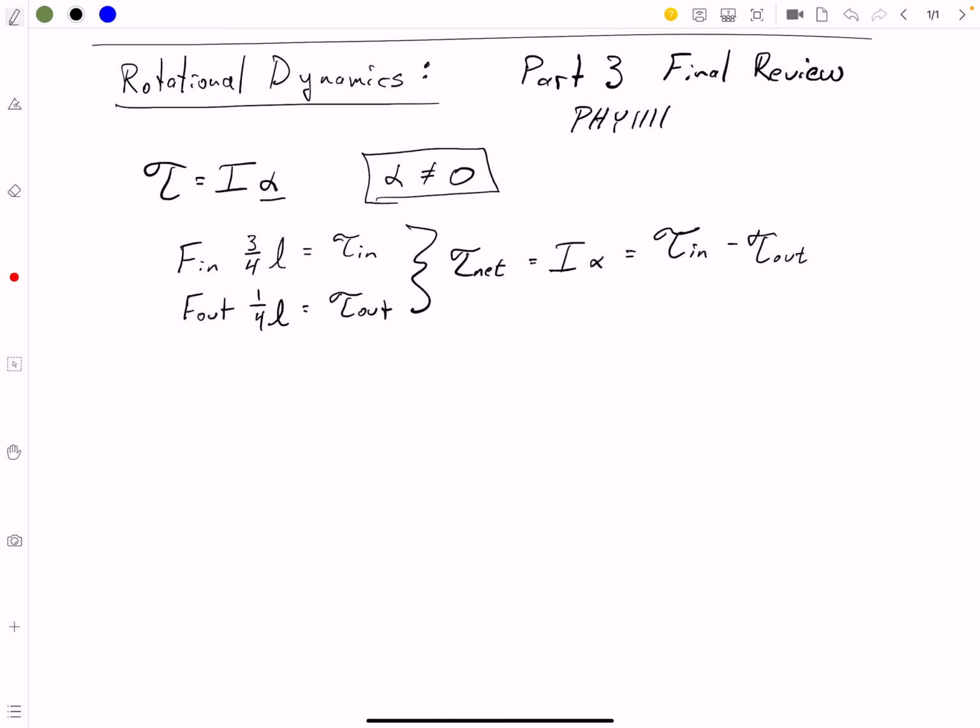Obviously, we had our force in going here, we had our pivot point here, and we had our out force going there. So let's put our force in pushing down instead, pushing up on the other side.